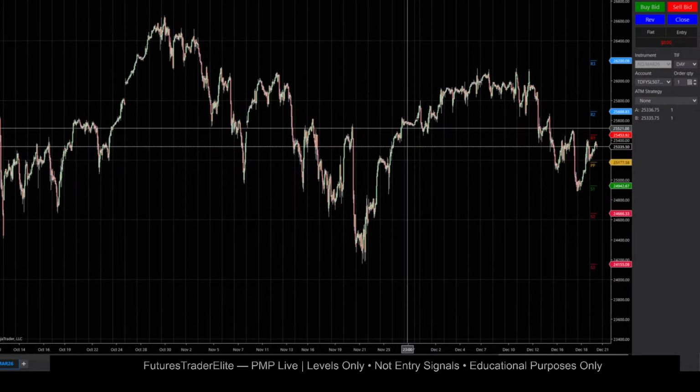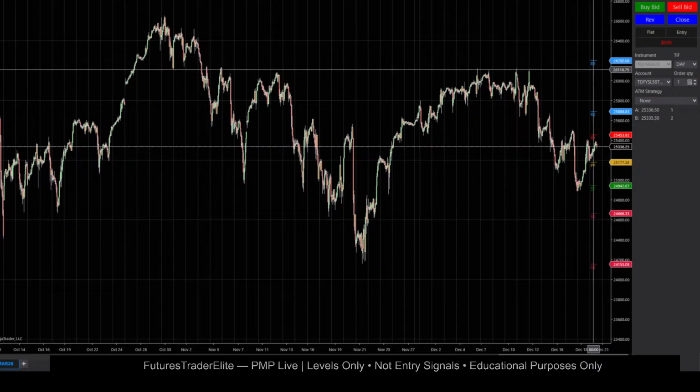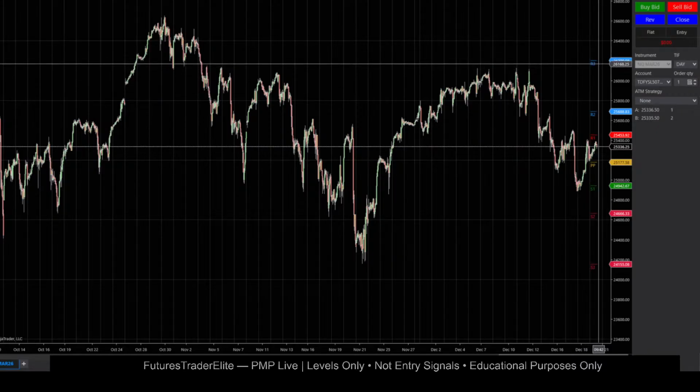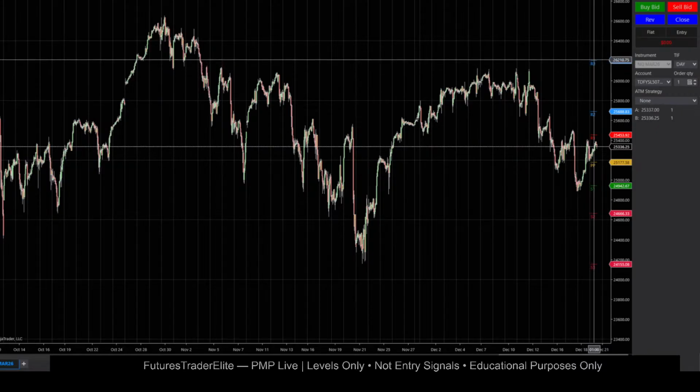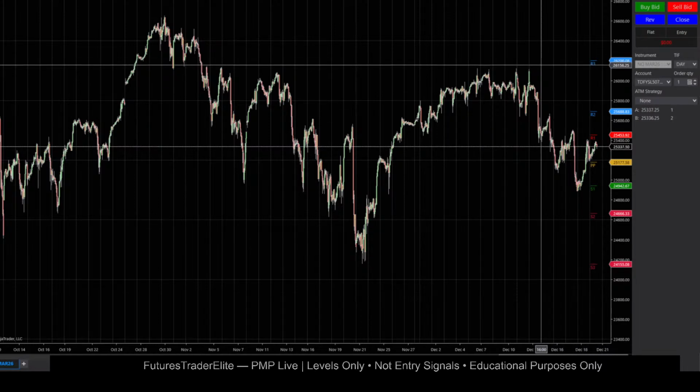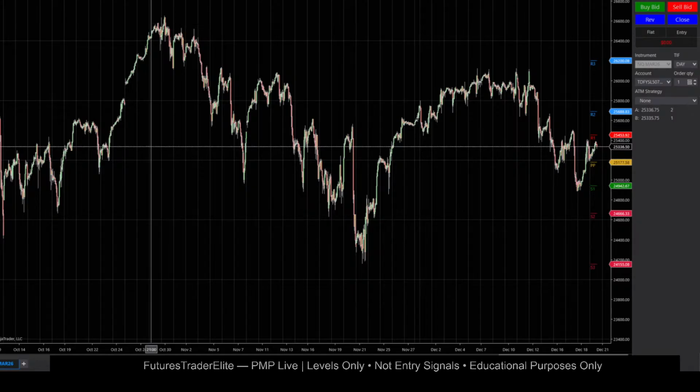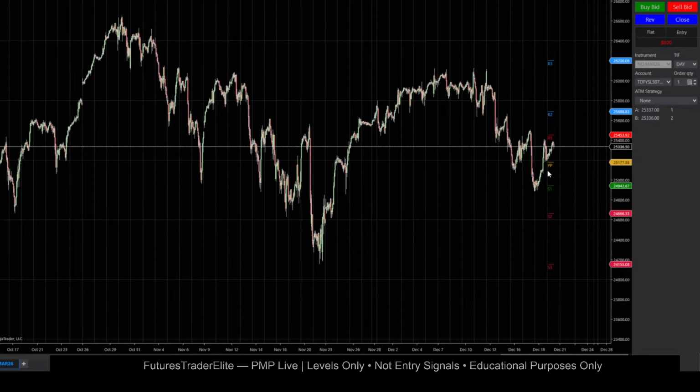you see this R3 pivot up here at 26,200. It's quite a bit higher than this area here, but if you look at this area right here, this is a whole bunch of rejection right in this area, and this is a decent push.